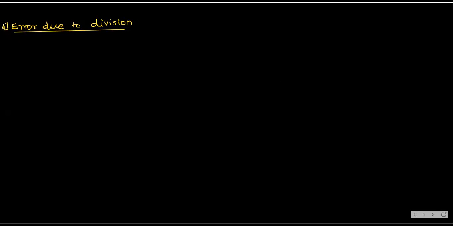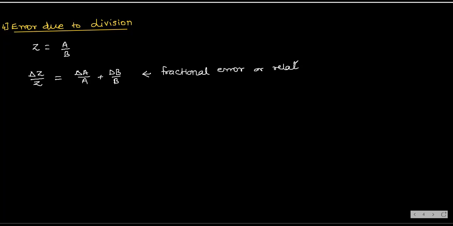How you are getting? Now what is function here? Z is equal to a by b. Although here division is there, then also you are getting fractional error same like multiplication. Delta z by z is equal to delta a by a plus delta b by b. This is what your fractional error, same as in case of multiplication, or relative error.